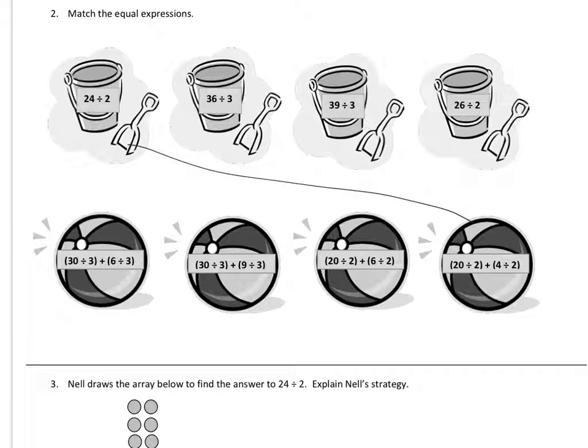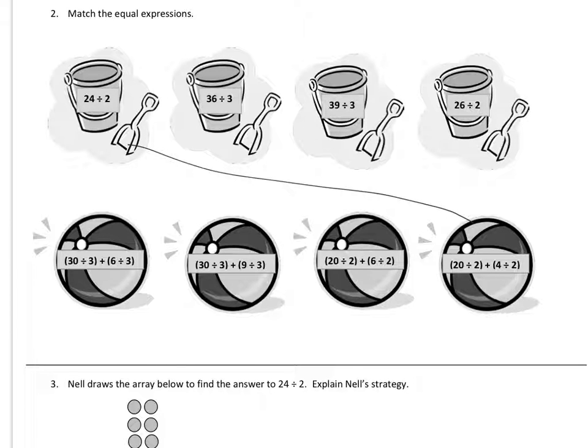Okay, so if you matched them and you paused, welcome back. If you're still working with me, then let's keep talking through these. If my next bucket says 36 divided by 3, which beach ball am I looking for? I'm looking for a divided by 3, so it's either this one or this one. Now I need to look at my totals.